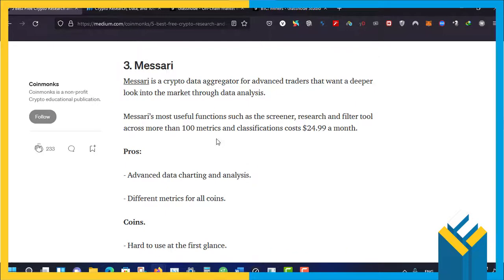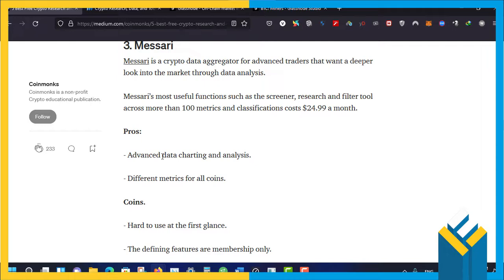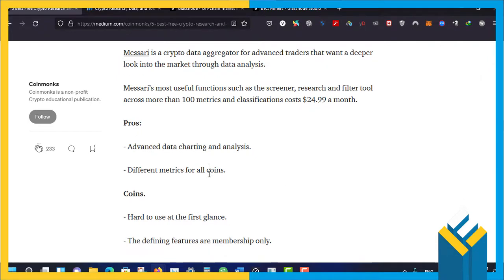This is Messari. Messari is a crypto data aggregator. It means the collector of the data for advanced traders that want a deeper look into the market through data analysis. Messari has useful functions such as the screener, research and filter tool across more than 100 metrics, and classifications cost about $25 per month, so it's not for free in the professional kind.